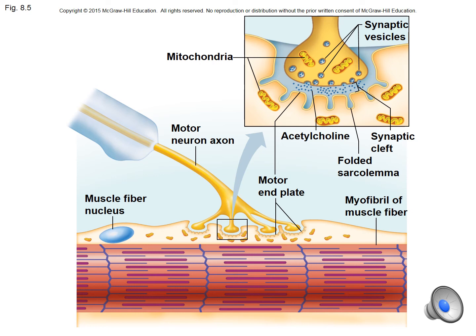Now, what's going to happen when the muscle needs to relax? Well, the message will stop coming down the axon. Will stop passing down the neuron, except that there's still this acetylcholine in the synaptic cleft. And so essentially we have to clean up that acetylcholine in the synaptic cleft, otherwise the muscle cell will continue to contract. And if we want the muscle to relax, then we need to clean up that acetylcholine.